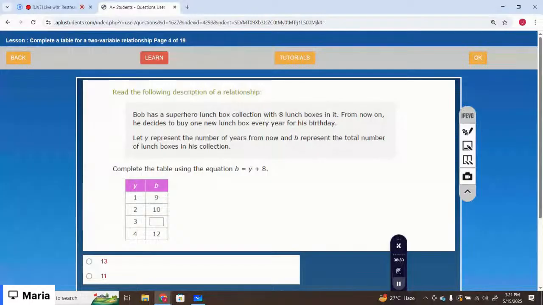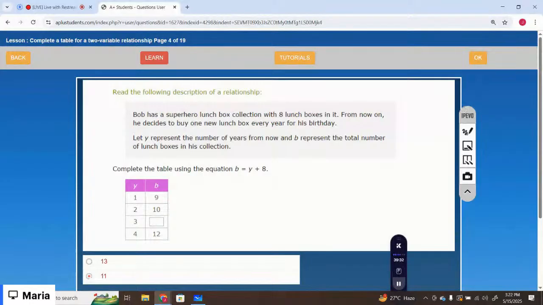Complete the table using the equation B equals Y plus 8. So which value is missing? The correct option is 8 plus 3 is 11.